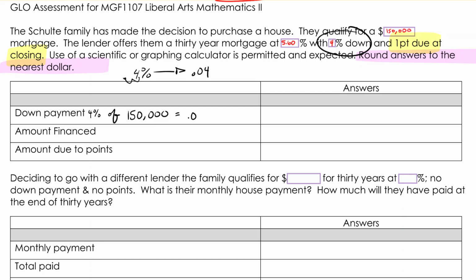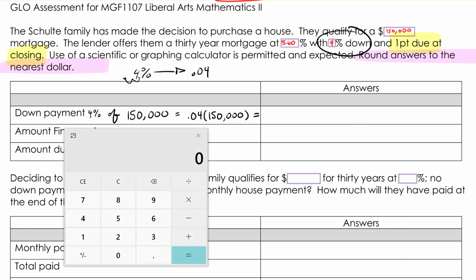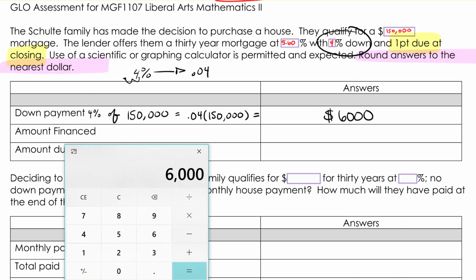So I'm going to take 0.04, multiply it by 150,000, and that will give me $6,000. So that would be the down payment in this example.